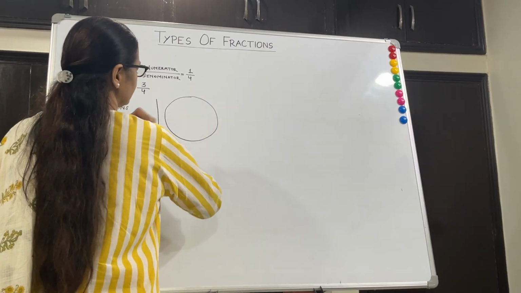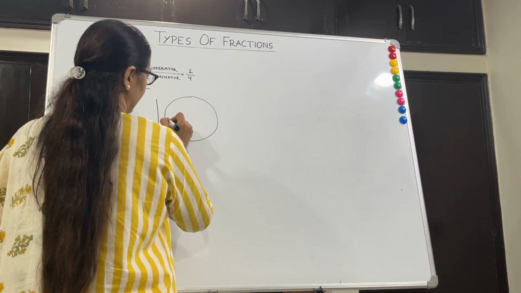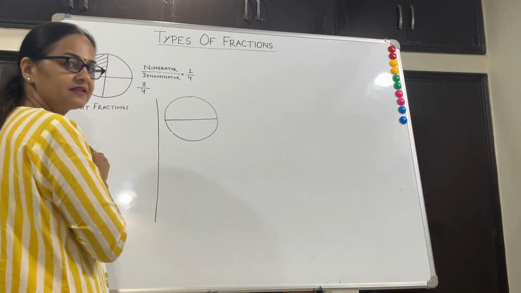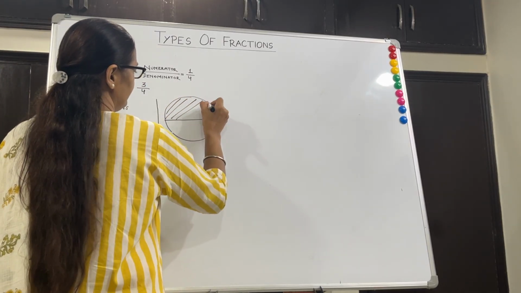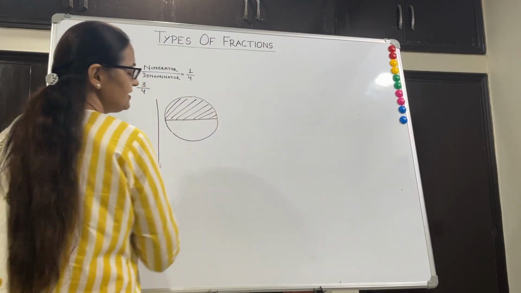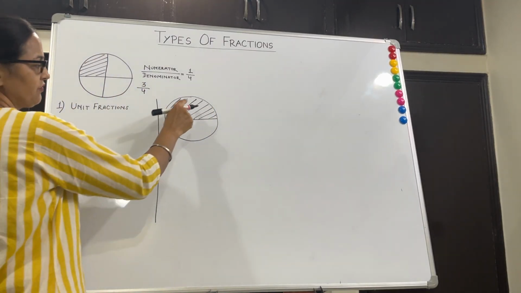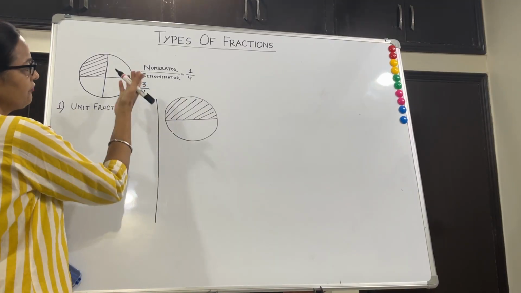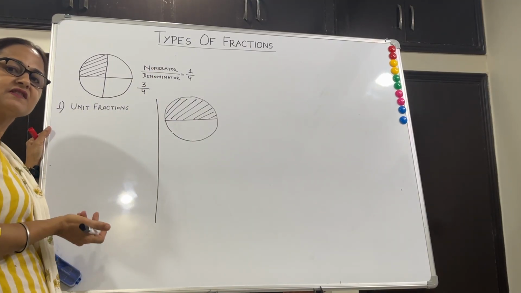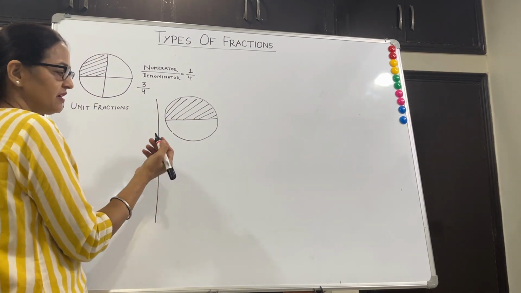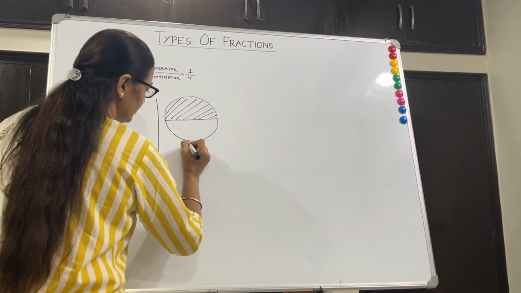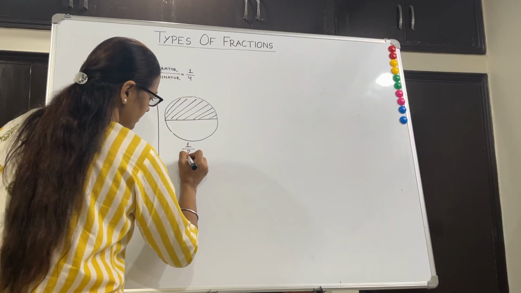I am taking this circle again and dividing it into 2 equal parts, shading one part out of these 2 parts. What will be the fraction for the shaded part? Out of 2 equal parts, one part is shaded, so the fraction for the shaded part will be 1 upon 2.